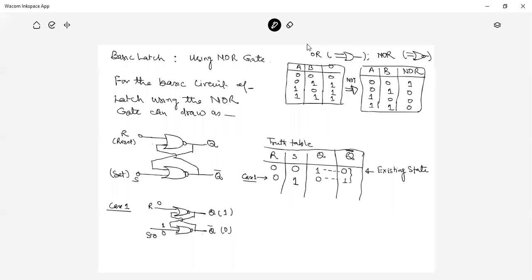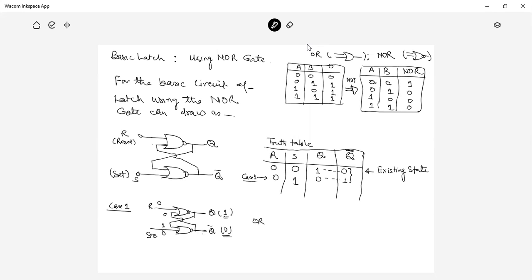So this output is 0, and this Q bar is 0. So here it is 0 and 0. Both inputs are 0, then the output will be 1. So this output is 1.